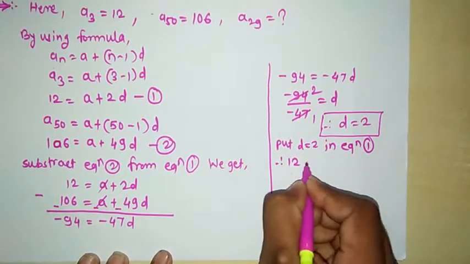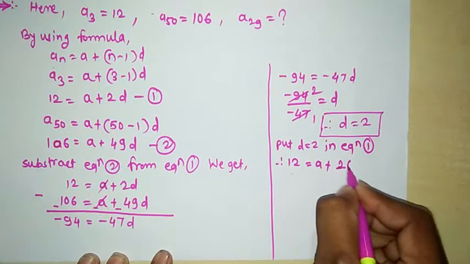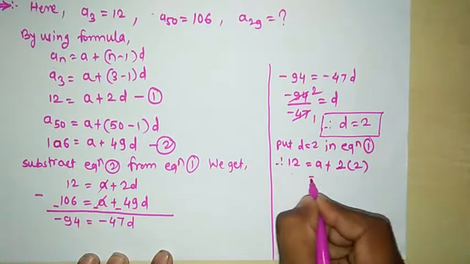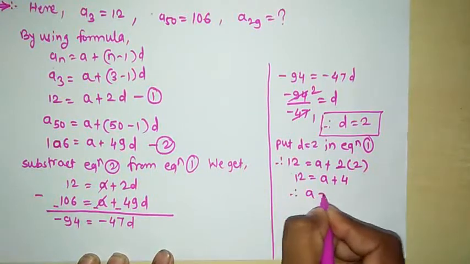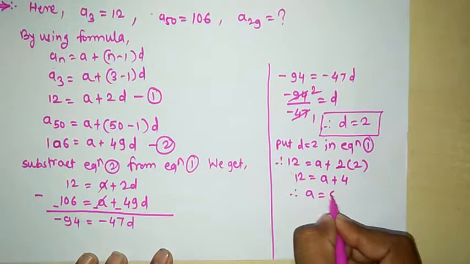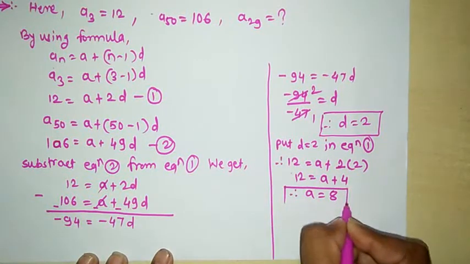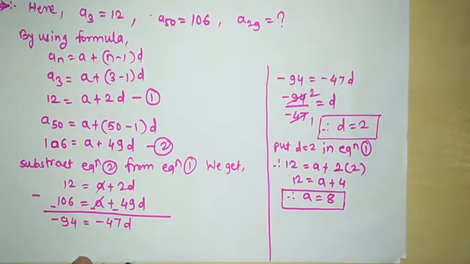Therefore 12 is equal to a plus 2 into d, which is a plus 2 into 2, that is 4. Sending this 4 to the other side, it becomes minus. Therefore a is equal to 8.